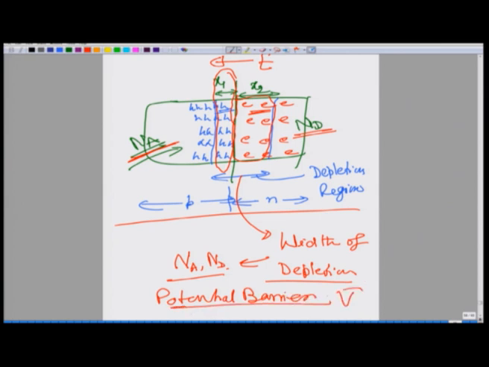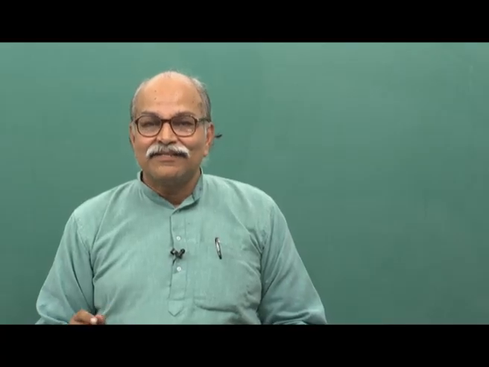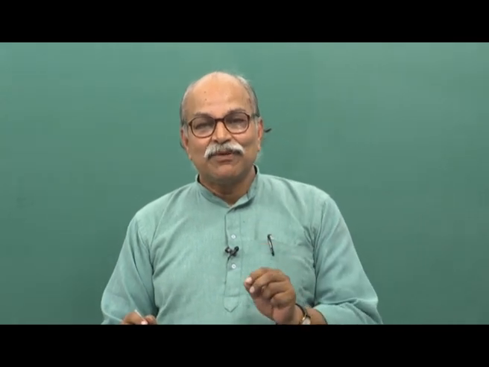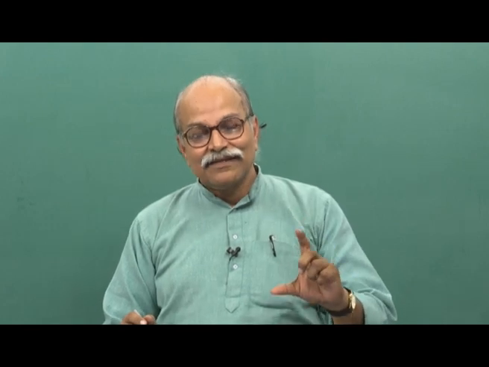So the potential barrier height V, the doping levels Na and Nd, the widths of the depletion region on the two sides x1 and x2, and the total width are all related to each other. In our next lecture, we will explore this relation: what is the relation between the depletion width, the barrier height, and these doping levels.